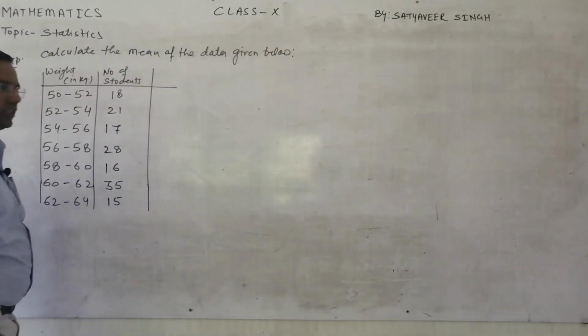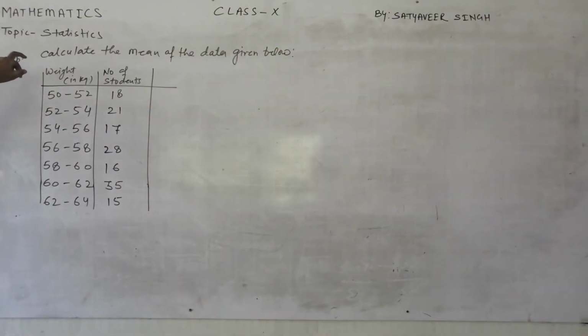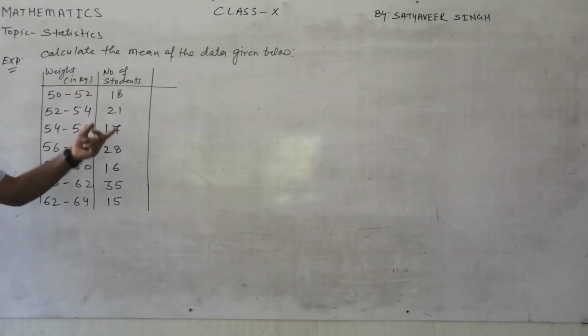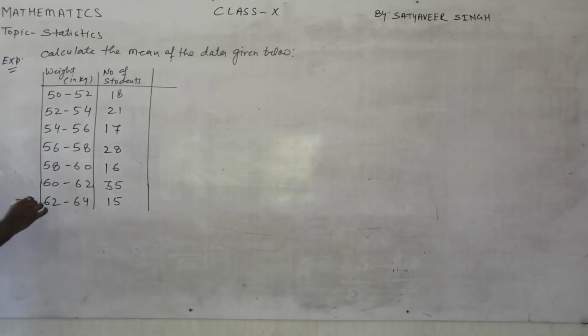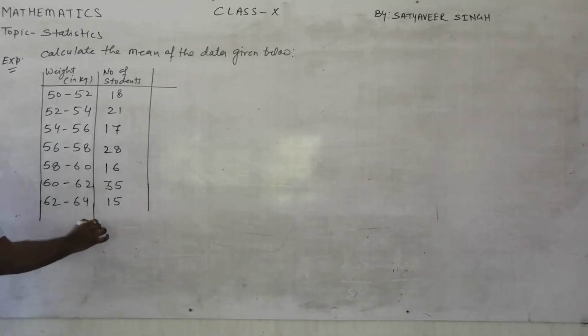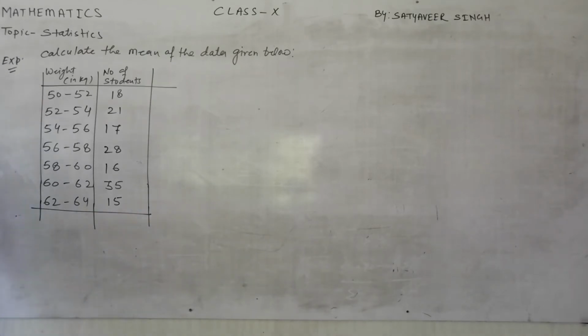The data is the weight of the students in kg and number of students. So it is a group data. You can see the intervals.